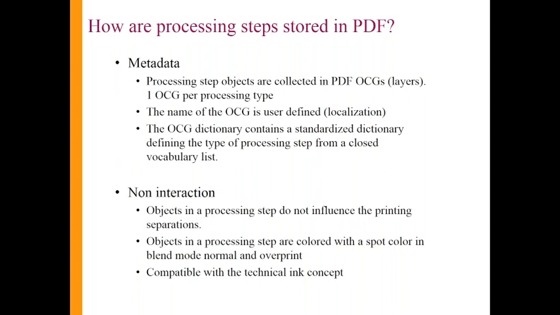It has to be in blend mode normal, and it has to be in overprint. That guarantees that the cutting contour will not interact with the actual printing separations. For those that are ESKO users or acquainted with ESKO applications, they will quickly recognize that this is compatible with the technical concept in ESKO applications or in applications that use something similar from other vendors.